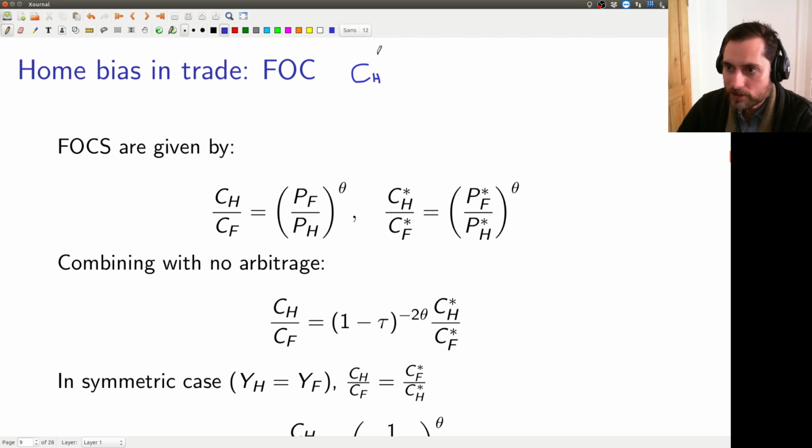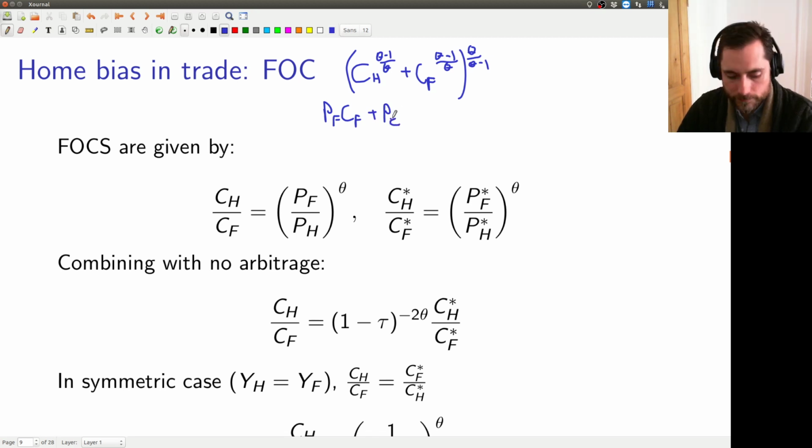And as you recall, it was, let's just do this for home. All right, and the budget constraint was PF CF plus PH CH has to be less than or equal to, but let's just say equal to, the price of the home good times the endowment.